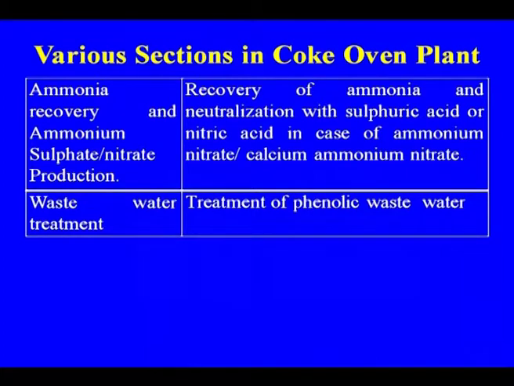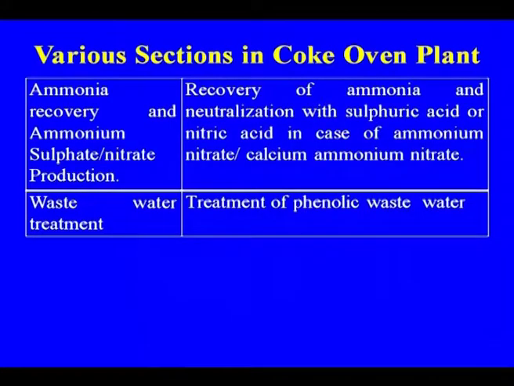Or calcium ammonium nitrate, because earlier in this Rourkela steel plant we were making ammonium nitrate, and then they started making calcium ammonium nitrate. As you know, ammonium nitrate is also one of the explosives, but in Bhilai steel plant we are making ammonium sulphate, and all the steel plants have an ammonium sulphate or ammonium nitrate plant.